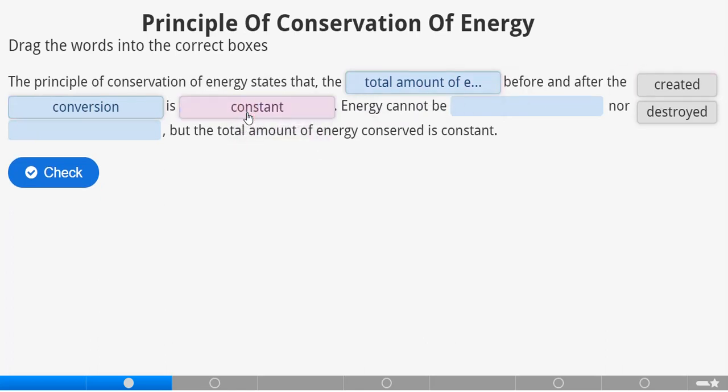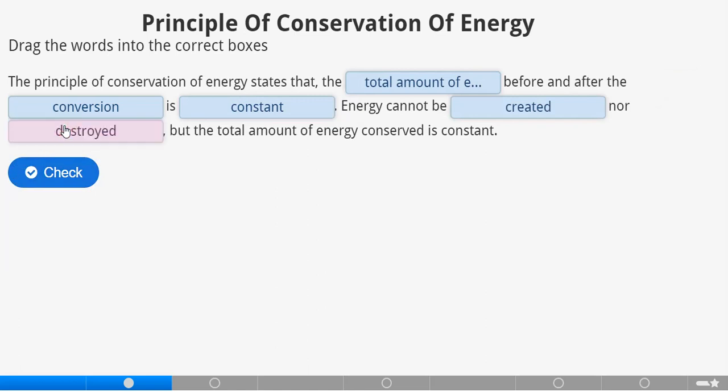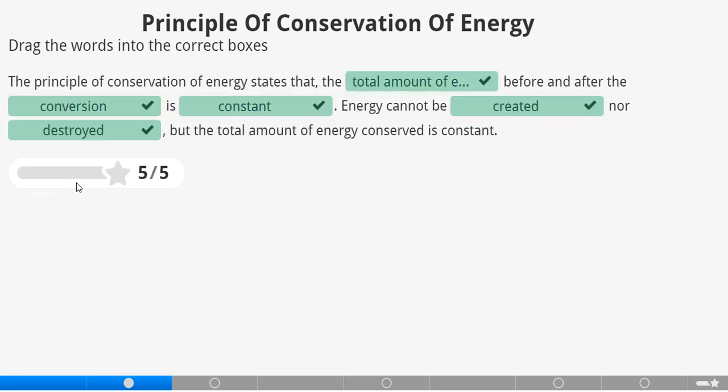Energy cannot be created nor destroyed, but the total amount of energy conserved is constant. So let's check. That's correct. Let's move on.